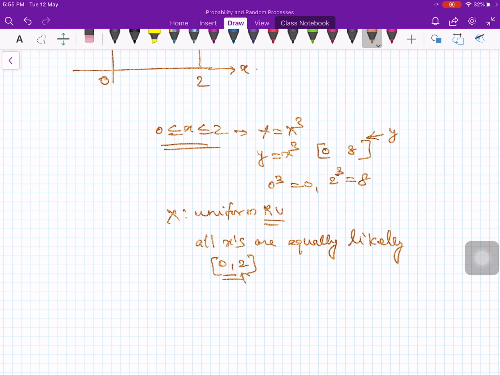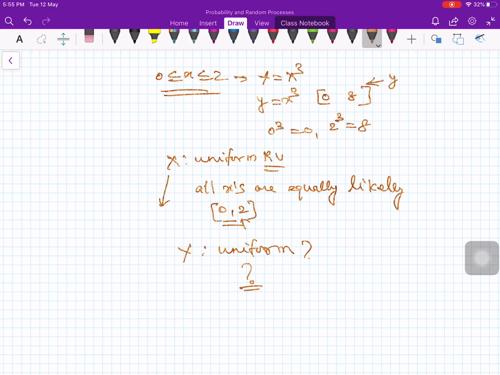Now you might say that in that case all the y's should be equally likely, so y might also have a uniform distribution. Is this true? We don't know. We will find out at the end of this problem. It's a question mark. Let us find out whether y is uniform or not.